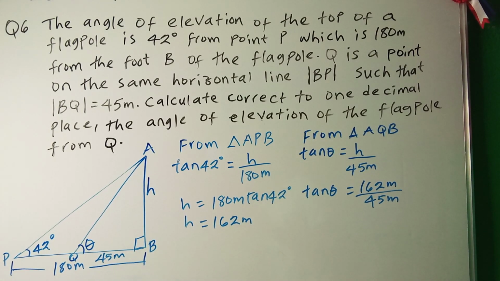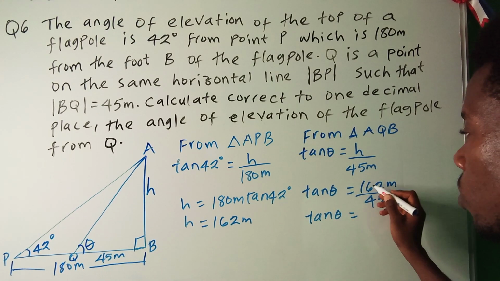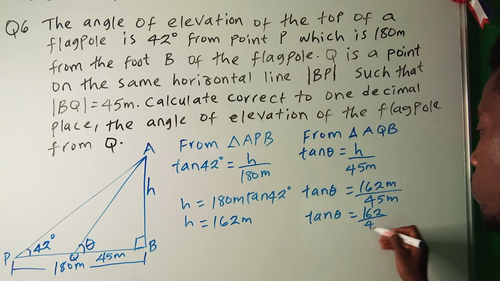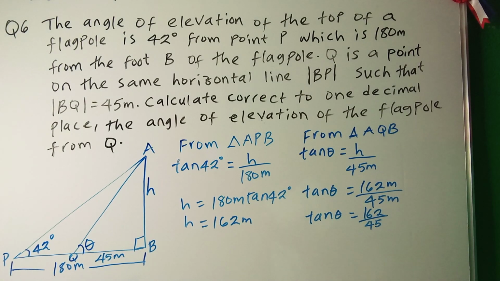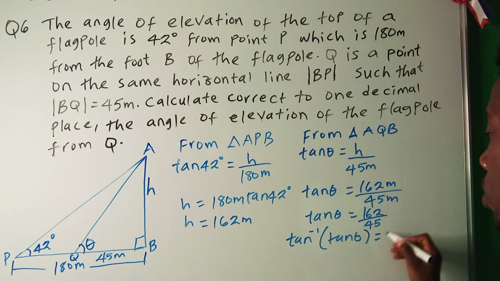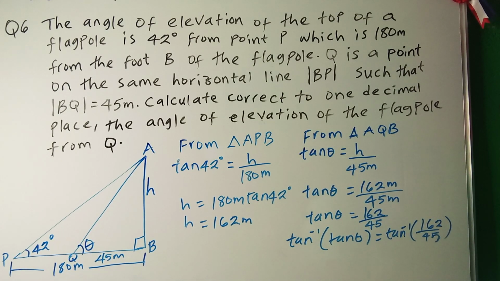You observe that meters and meters cancel out, and then we have tangent theta is equal to 162 divided by 45. To solve for the angle theta, we take tangent inverse on both sides. So we have tangent inverse of tangent theta is equal to tangent inverse of 162 divided by 45. If you take the inverse function of the function itself, when you do composition of functions, f inverse of f of x is just x.